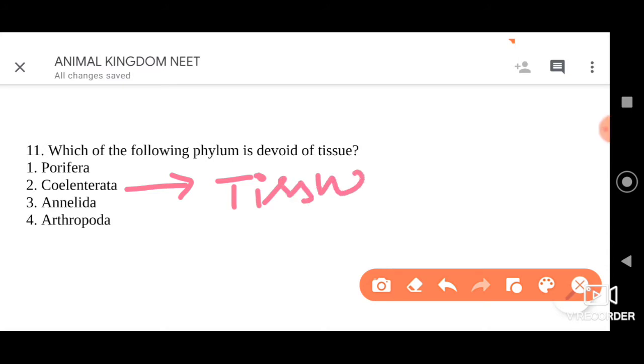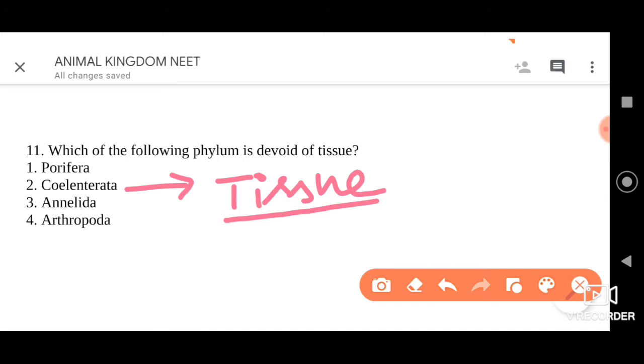So, what do we mean by this tissue level of organization? These are multicellular organisms. These are primitive invertebrate phylums. It is not as well developed as annelid, arthropod, mollusk or echinoderms. That's why it is considered a primitive phylum. We already know that they also form coral reefs.